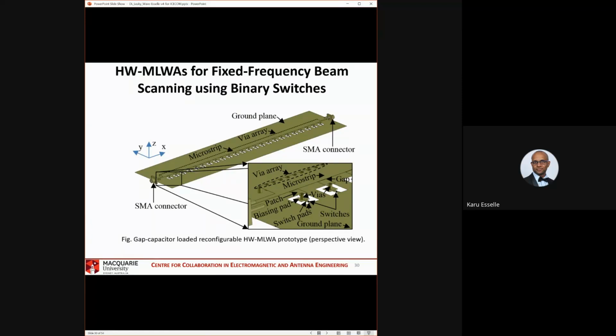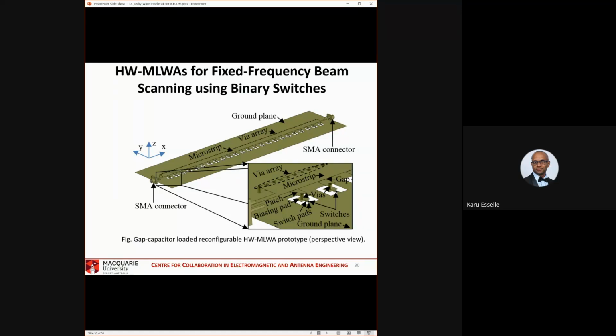So we can turn on this switch by applying the right voltage to this bias pad, and we can turn off this switch by applying the correct voltage to this patch, and so on. So every patch gets its own bias voltage, but this is binary. These are not varactors. These are on and off switches like pin diodes.